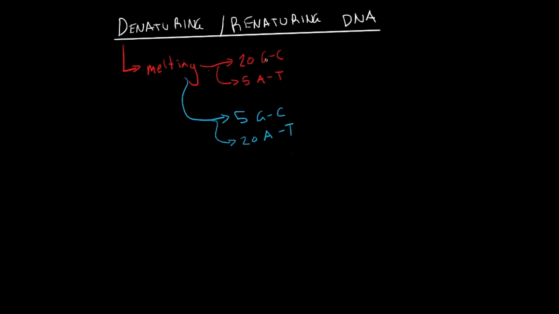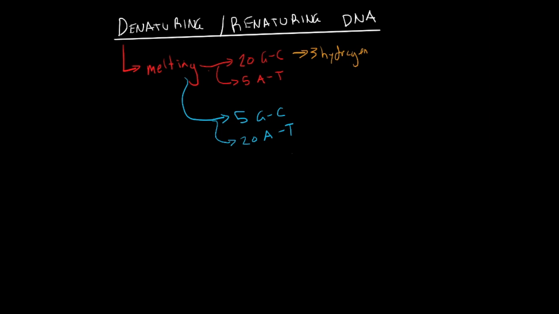Now it looks like since these both have the exact 25 total base pairs, they would have the same melting temperature. But they don't, because the GC bonds have 3 hydrogen bonds connecting them. So that means more bonds need to be broken in order to melt or separate, denature the DNA. So this one would have a higher melting temperature than this one.